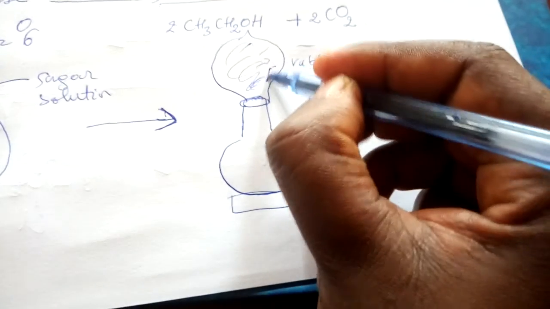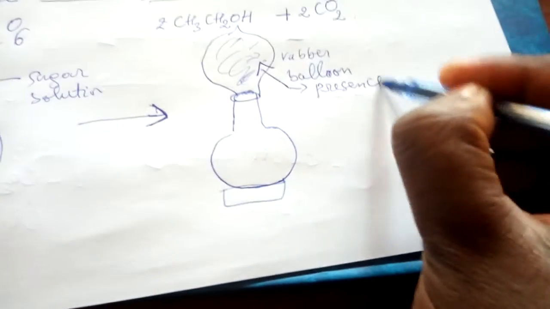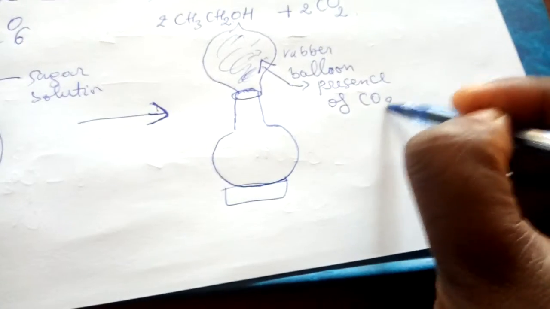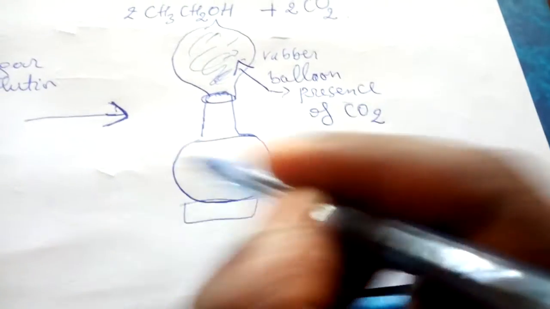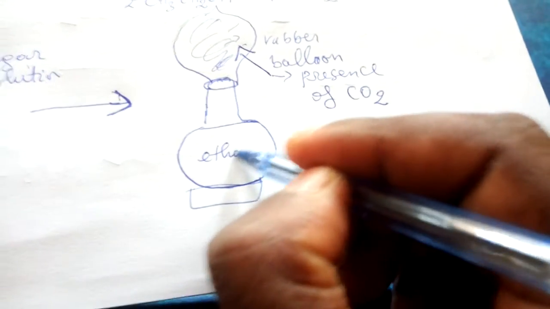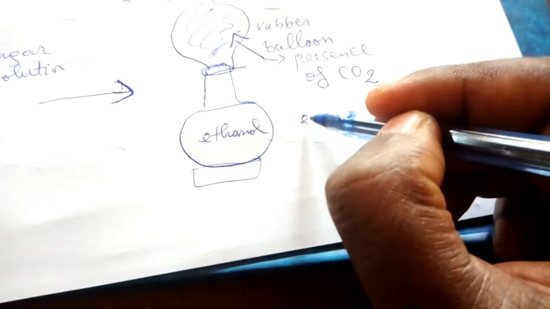It means that we can say that there is presence of CO2, carbon dioxide, and here it means that the juice and the yeast has given the ethanol. Also, if you remove the rubber balloon, you can feel the hissing.